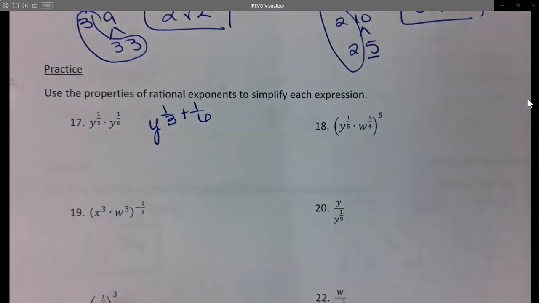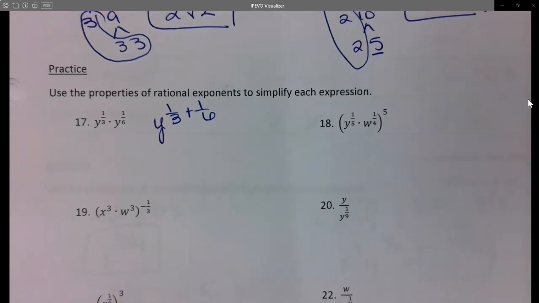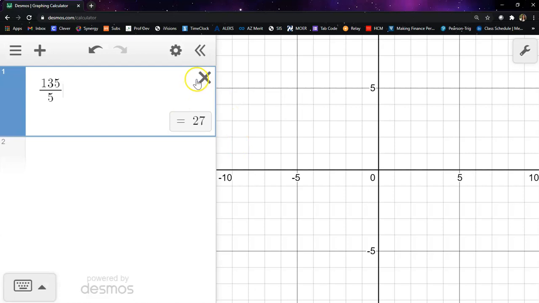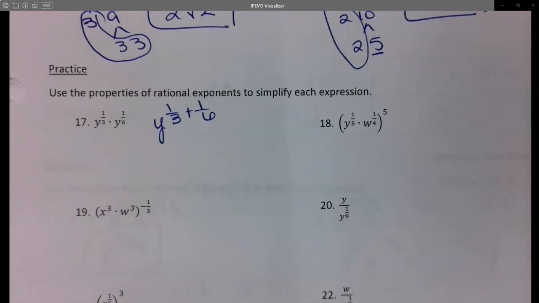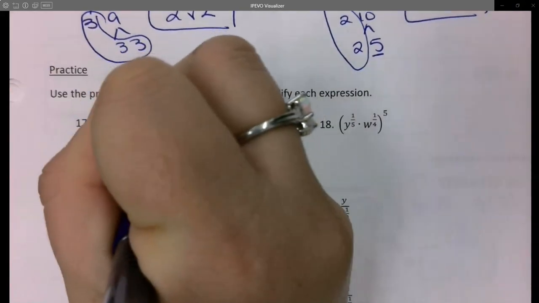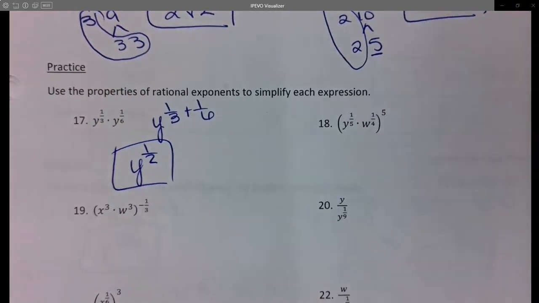Okay, so number 17, I want to add my exponents. So I want to add 1/3 and 1/6. Which gets me 1/2. On number 18, I multiply the exponents.